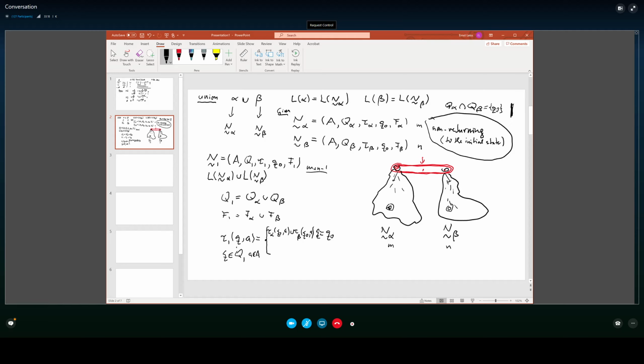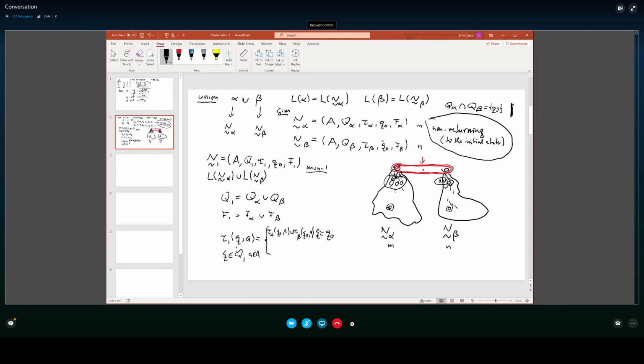So that means that if there are a bunch of things that we can get with A from that initial state, we're going to have that in the first automaton, and then we may have a bunch of other things in the second automaton under A, and we're going to take all those plus all those.